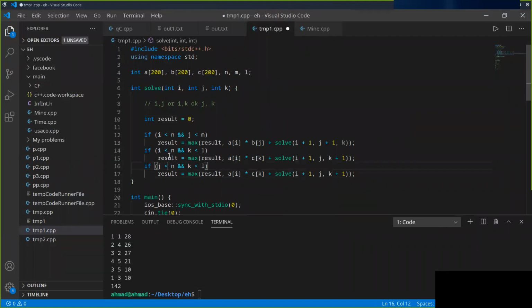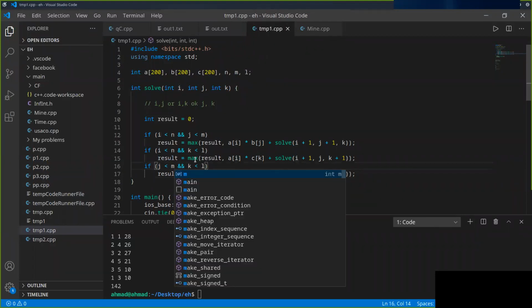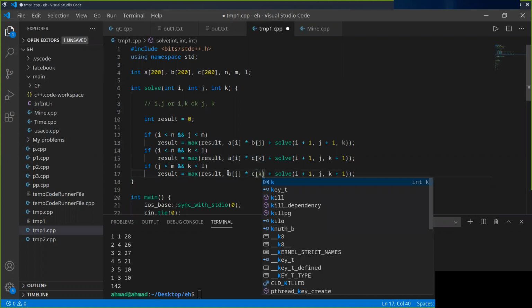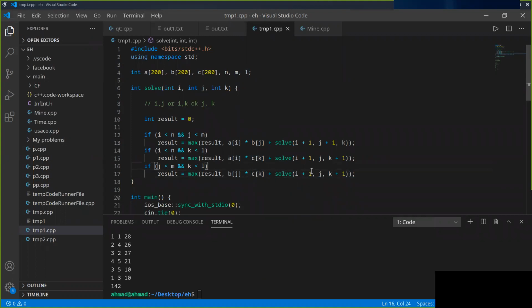So if j is less than m and k is less than l, then the result equals max of result and b of j multiplied by c of k plus solve I, j plus 1, k plus 1. So that's it. We're getting the maximum of these three pairs and then going to the next step.